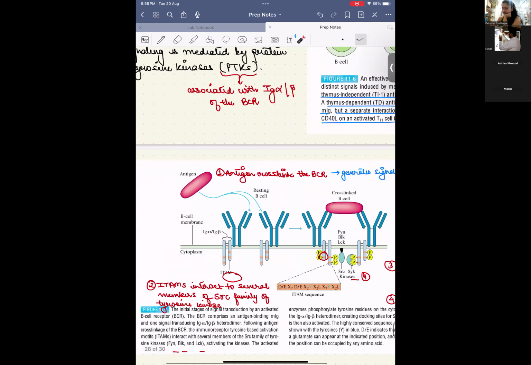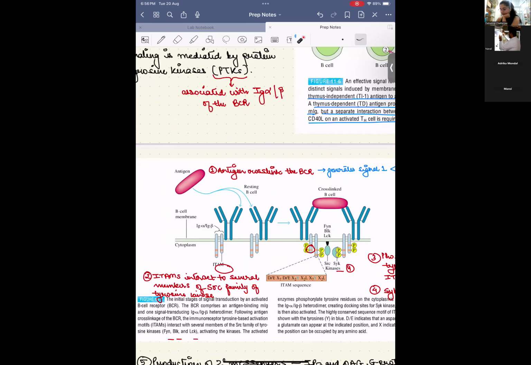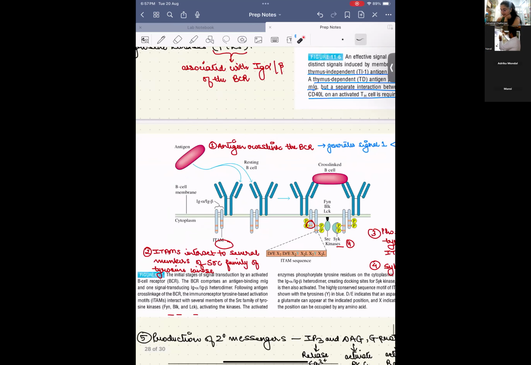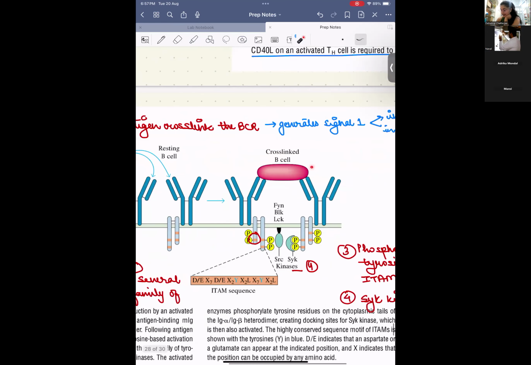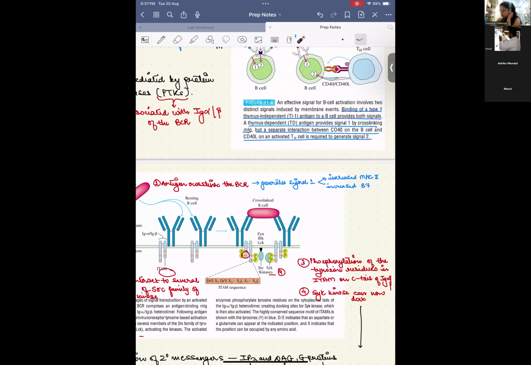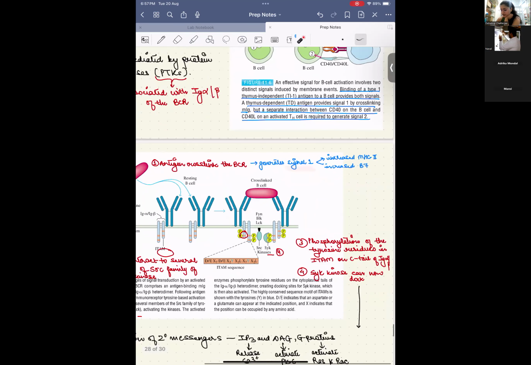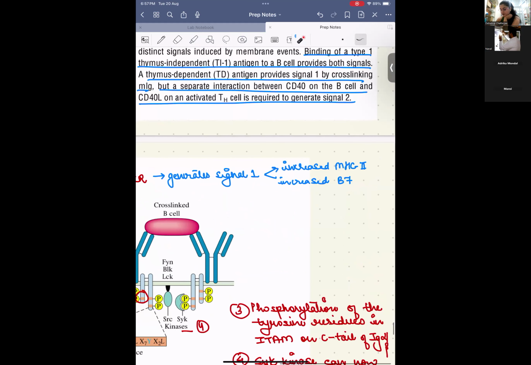Okay. The first thing that happens is we have an antigen. This antigen comes and binds to the antibody molecule present on the surface. This cross-linking generates signal 1, and because of this signal 1, we have increased expression of MHC class 2 molecules, and also increased expression of B7 molecules.